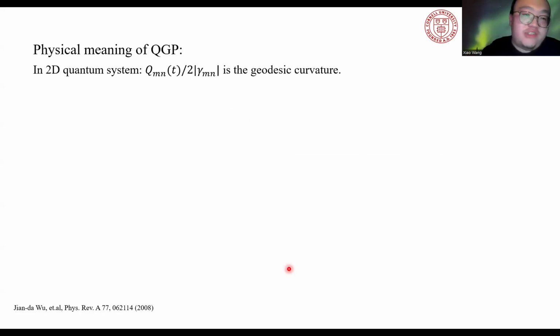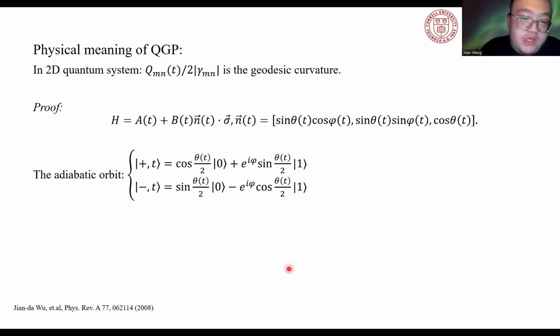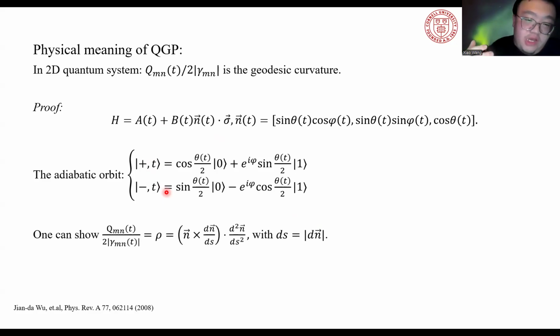So we can first consider a two-dimensional quantum system where the dimension of the Hilbert space is just two. We can propose a very general two-level quantum system given by the combination of the Pauli matrices and its local spin rotation. And we can find the two adiabatic orbits given by the two eigenstates of the time-dependent Hamiltonian, and then we can solve for the quantum geometric potential of this system itself.